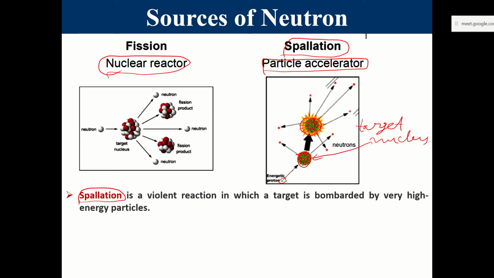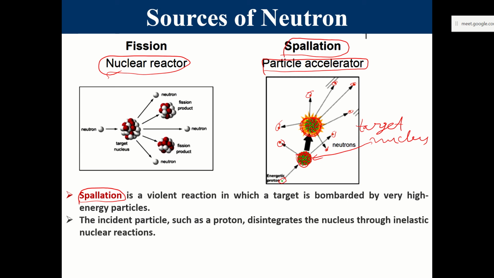When this green dot hits the target nucleus, it becomes unstable and gives out some neutrons. These red dots that you are seeing are the neutrons given out in different directions. This is a process called spallation. A typical example of spallation is shown here.